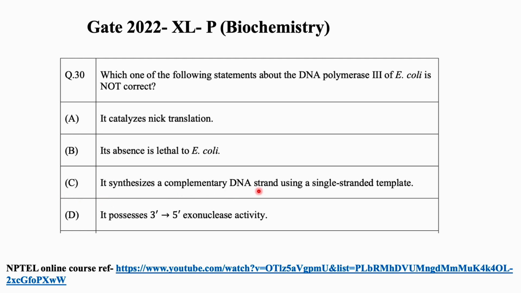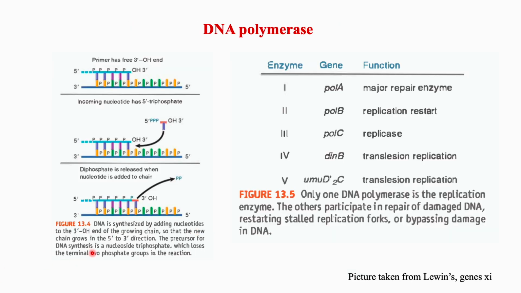It synthesizes a complementary DNA strand using a single-stranded template. This is what all polymerases do. They synthesize a complementary DNA strand using a single-stranded template, right? DNA-dependent DNA polymerase activity of DNA polymerase enzyme. It possesses 3' to 5' exonuclease activity. Again, this 3' to 5' exonuclease activity is present in all the polymerases, right?